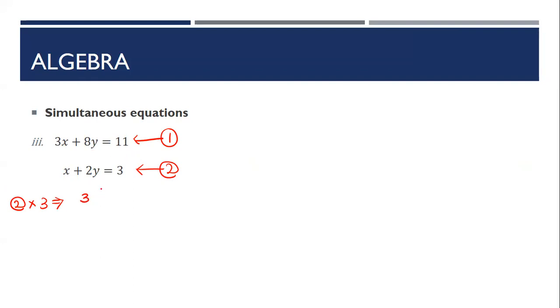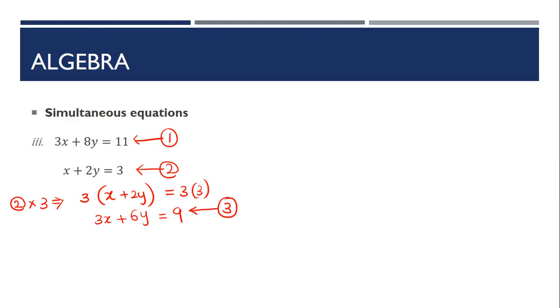So I'm getting my second equation, x plus 2y is equal to 3 into 3, so 3x plus 6y is equal to 9. I take this equation as my third equation.